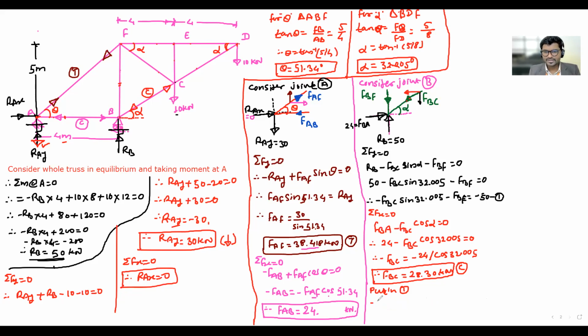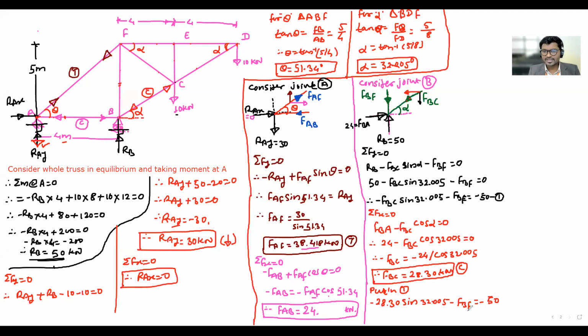It is a minus 28.30 sine of 32.005 minus FBF is equals to minus 50.